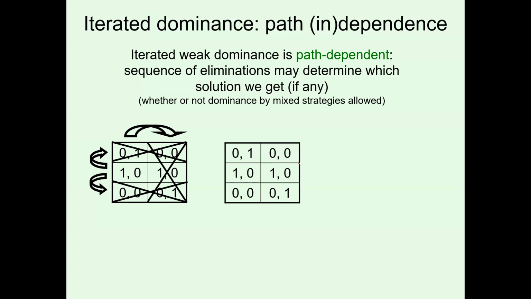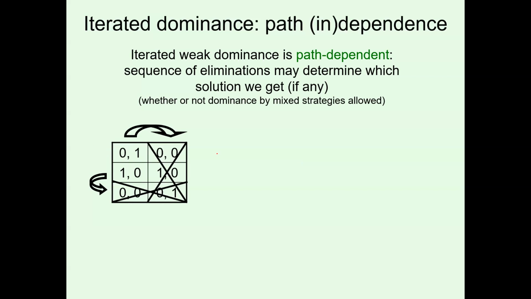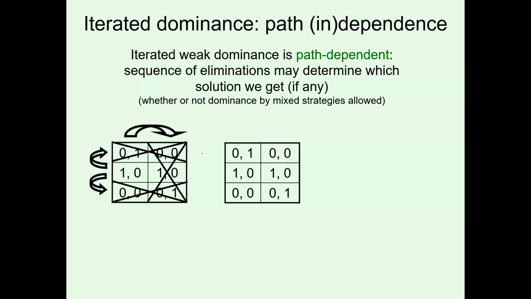But if I first compare R1 and R2. Earlier, I first compared R2 and R3. Now, if I compare first R1 and R2, then I can remove R1 because it's dominated by R2. Then I can remove C1 because it's dominated by C2.